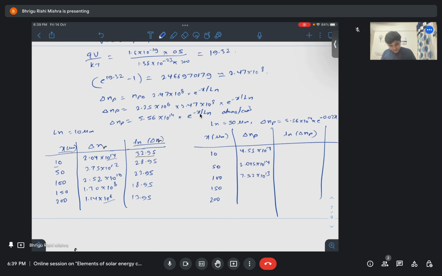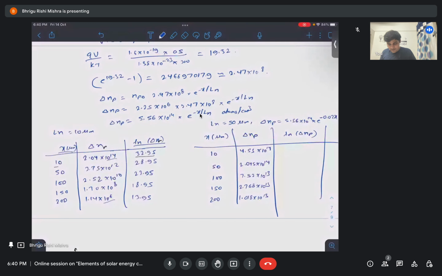For 150 it is 2.768 into 10 to the power 13. And for 200 it is 1.018 into 10 to the power 13. Okay, so if you compare with this, it doesn't decrease very much.